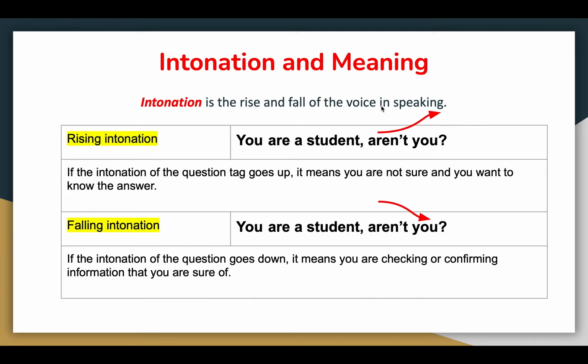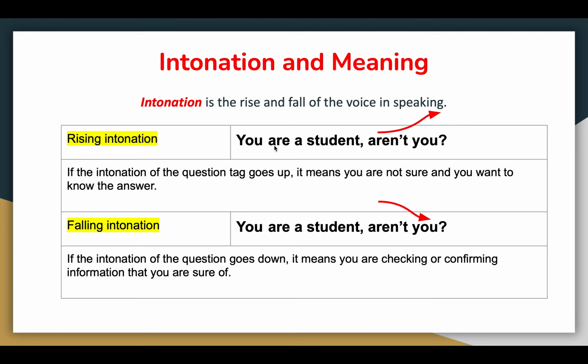So when do we use the rising intonation? You use the rising intonation if you are not sure and you want to know the answer. How do we use it?